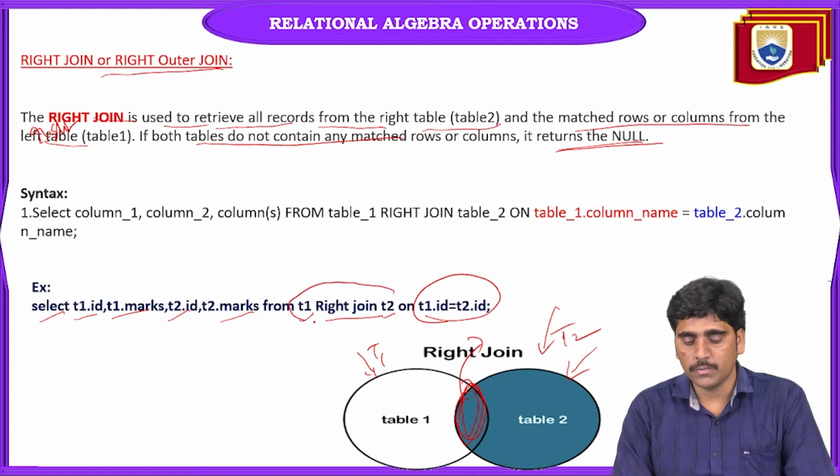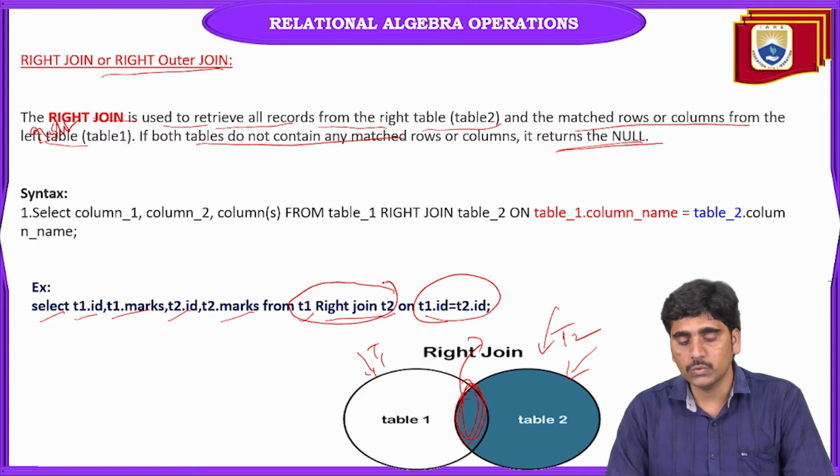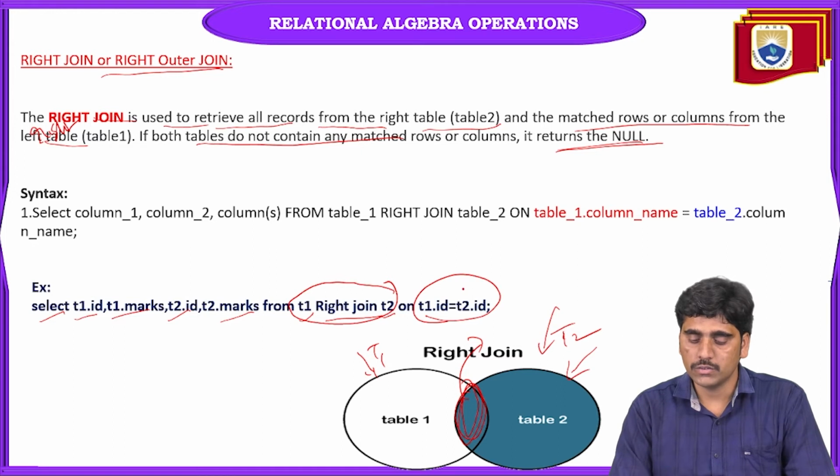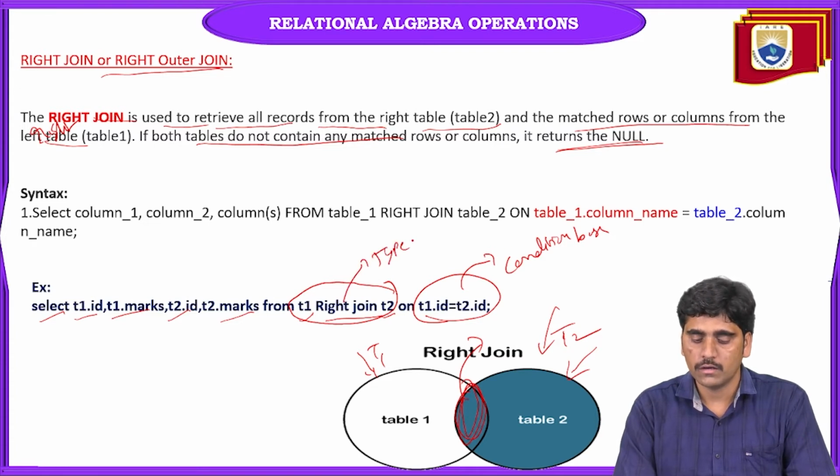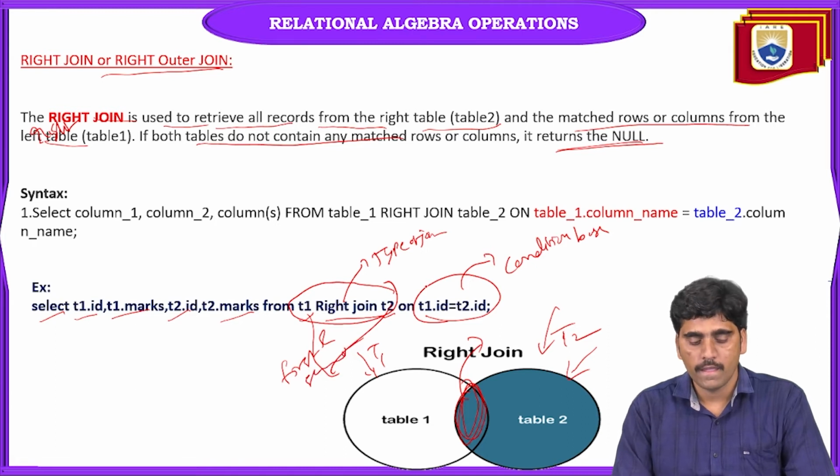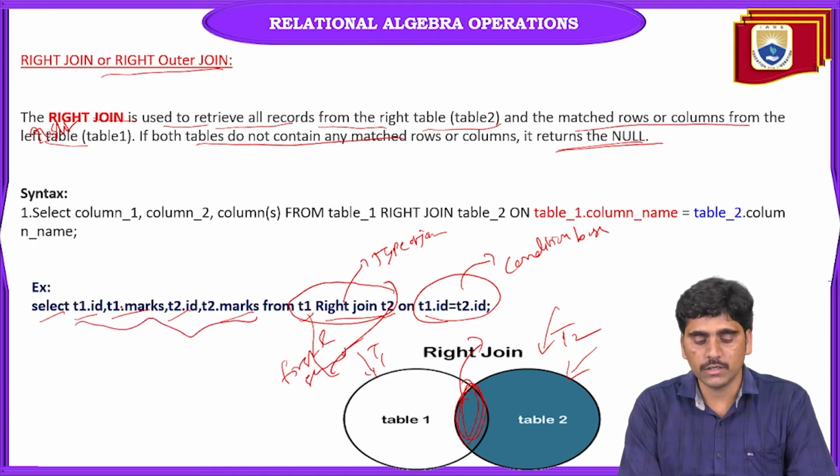So this is the type of join which you are going to perform on two tables, t1 table, t2 table, and on the basis of what? The t1.id equals t2.id condition. So this is the condition, and this is the type of join, and these two are the first and second tables, and these are all the fields. t1.id, t1.marks are columns, column 1, column 2 from table 1.